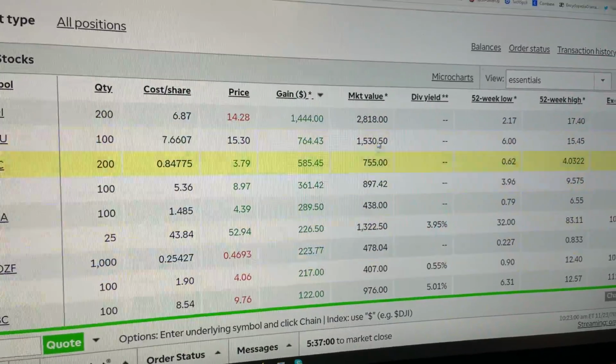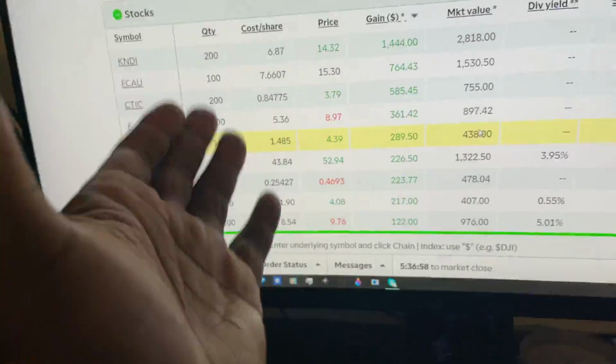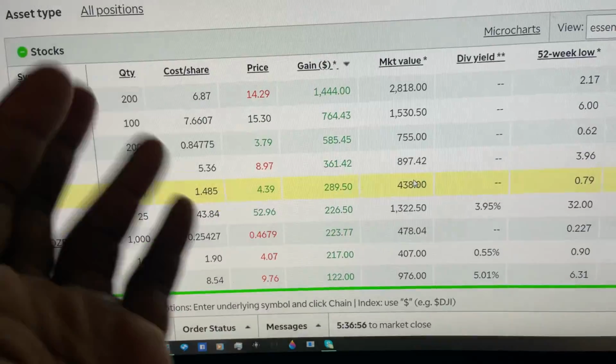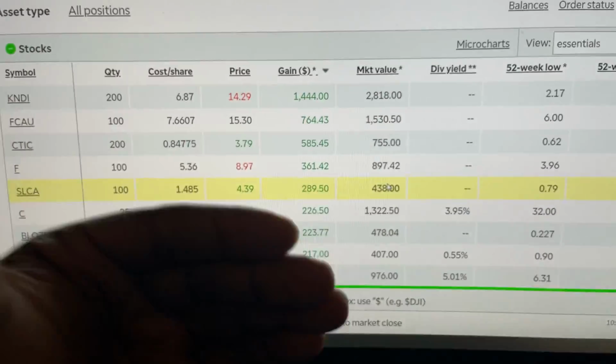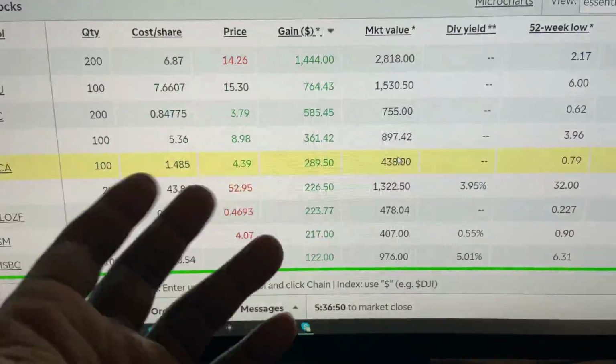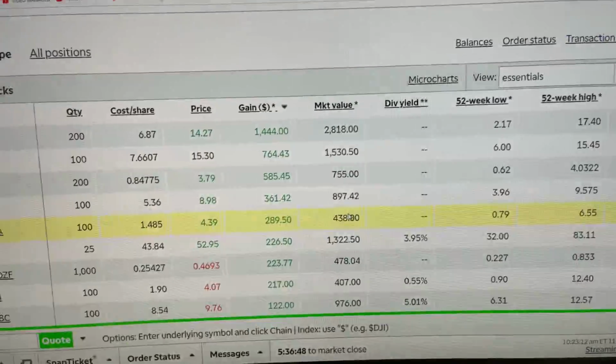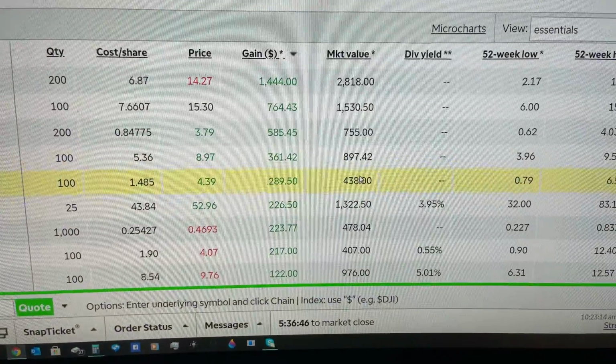The total market value, if you have never done stock trading before, is basically how much all of your shares would be worth if you were to sell them right now, minus whatever the commission trade is.